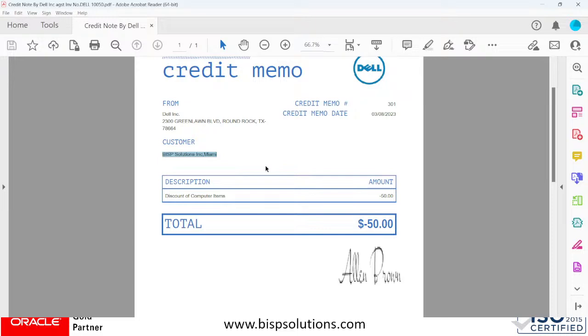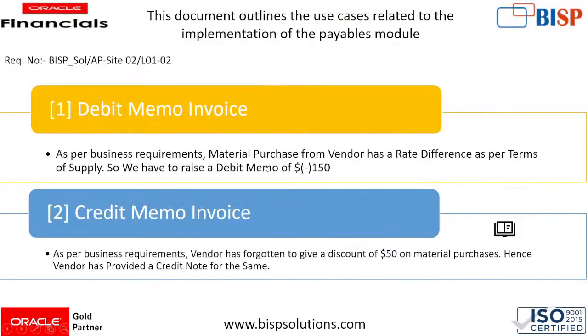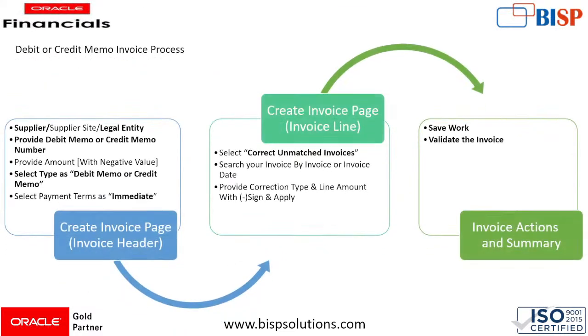To record that in the application, we will see in today's webinar. So let's navigate to the application. Before navigation, let us look at what the debit memo process is. Basically, we select the supplier and supplier site legal entity in the invoice header, provide the debit note number or credit note number, and provide the amount in negative value.